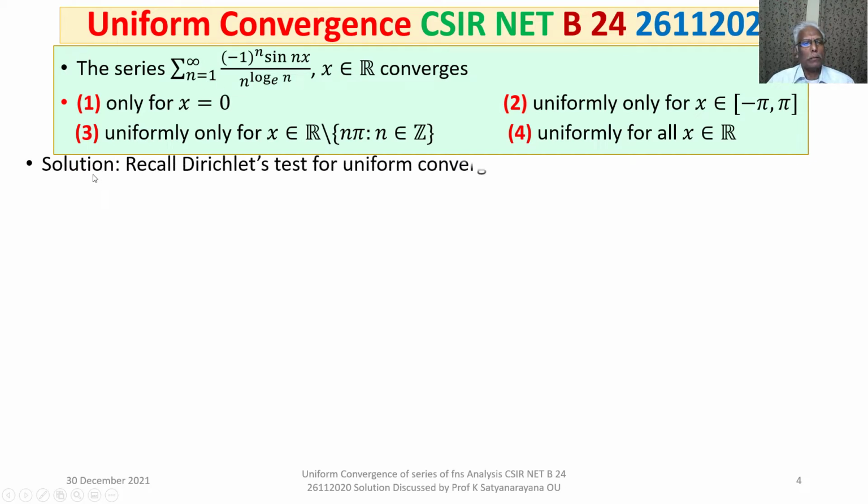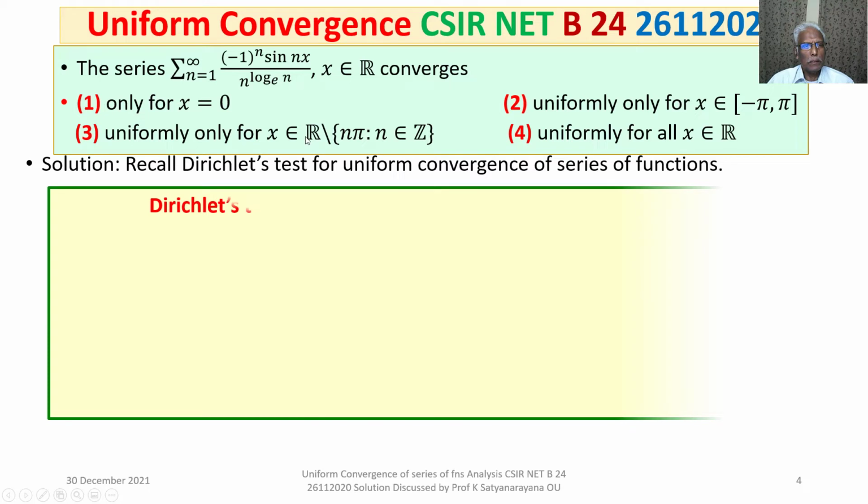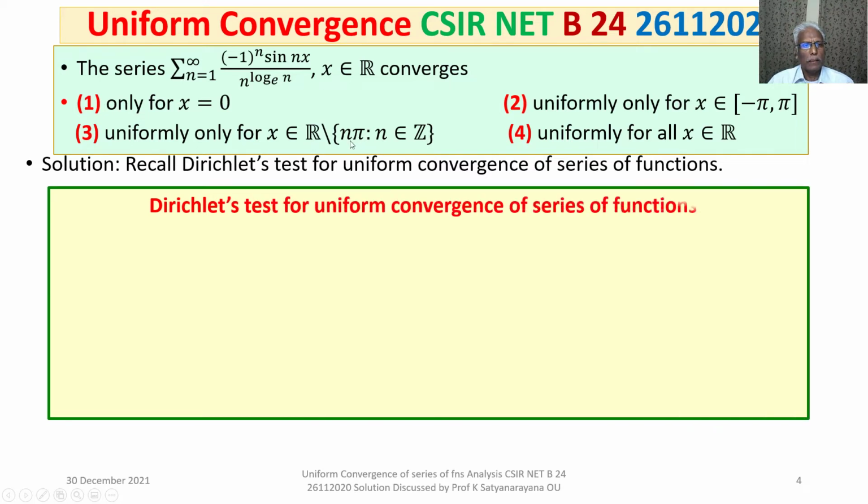We recall a test called Dirichlet test for uniform convergence of series of functions. What is that test? The test says that you have two sequences of functions, a_n(x), n equals 1 to infinity, and b_n(x), n equals 1 to infinity.